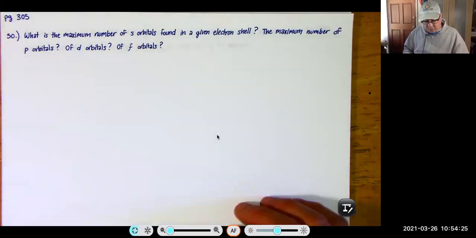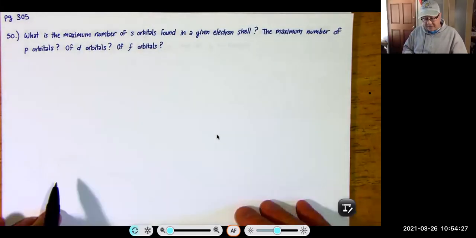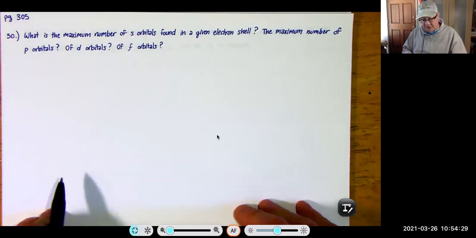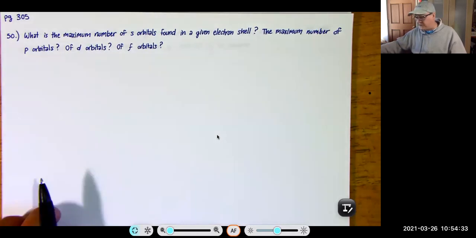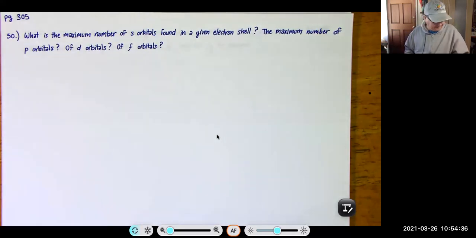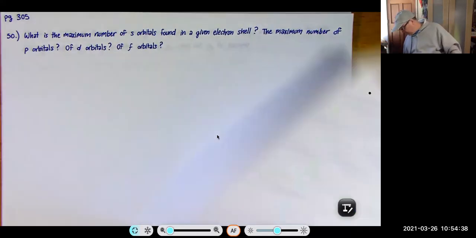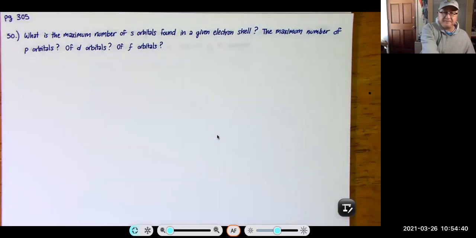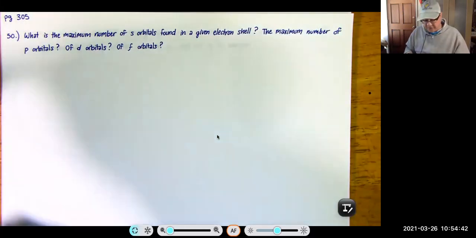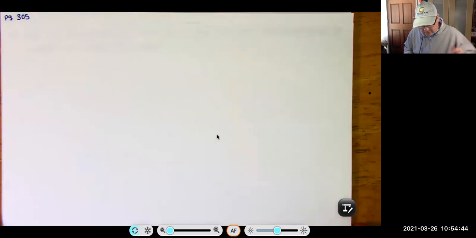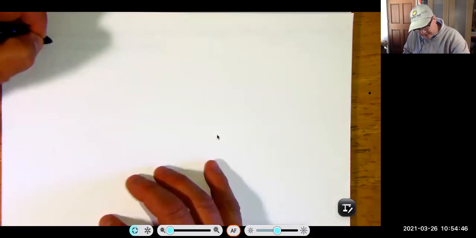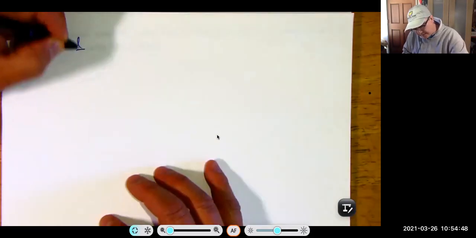Okay. What is the maximum number of s orbitals found in a given electron shell? So a given electron shell, what are they talking about here? Well, let's look at n, l, and m sub l.